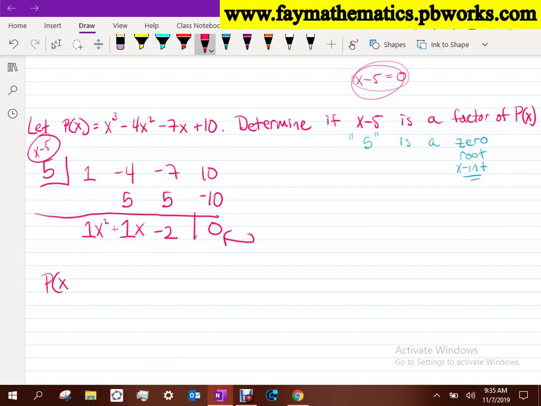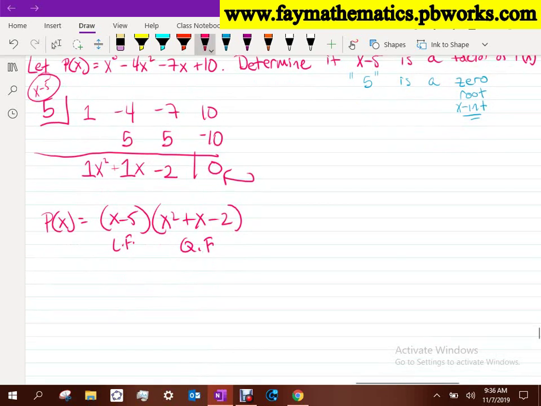Okay, so p of x can be rewritten as x minus 5 now times x squared plus x minus 2, linear factor, quadratic factor. Can I factor that quadratic factor further? Yeah. Factor that quadratic, it goes to x plus 2 times x minus 1, right?